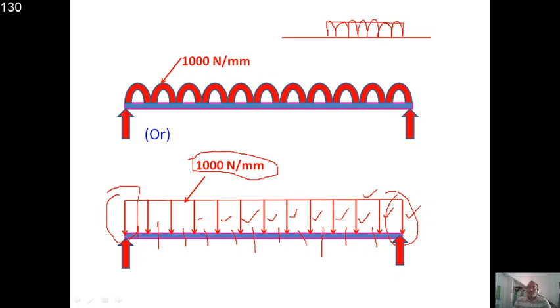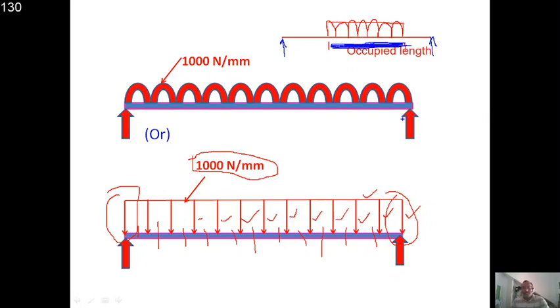So up to this point only the UDL is there. Hence the occupied length of the UDL is only up to this distance. The supports are here: this is support 1, here is support 2. But the distance of the UDL is only this one. This is the occupied length of the UDL, right?